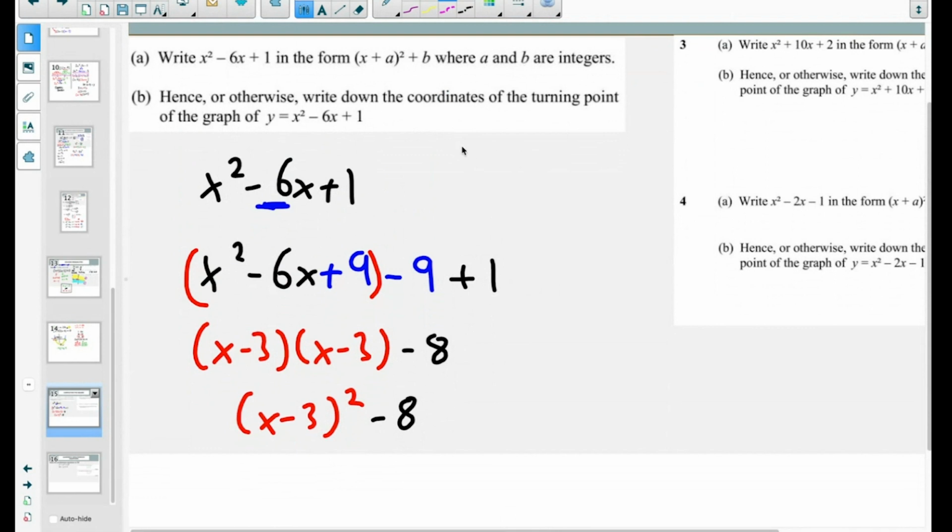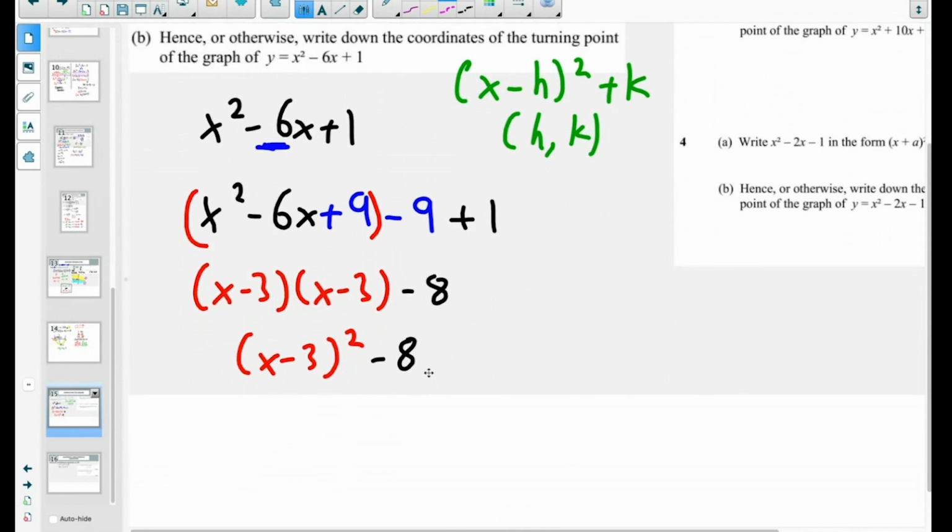I think the standard form, depending on the textbook you use, you might get something like x minus h squared plus k, and we get h, k is your turning point. Okay, so from that, we'd actually get our turning point is going to be a +3 and a -8 in this case. All right, so that's how you end up with your turning point by completing the square.